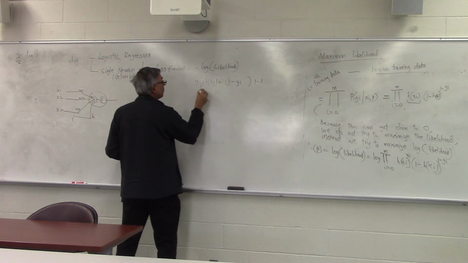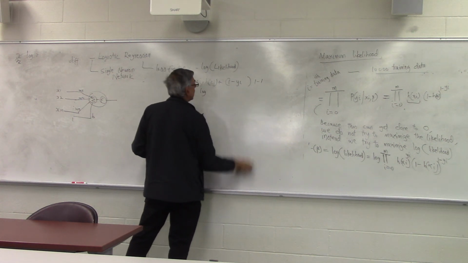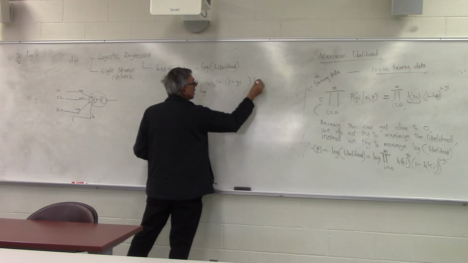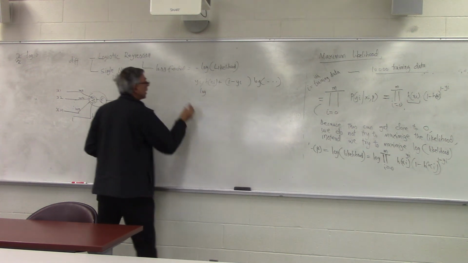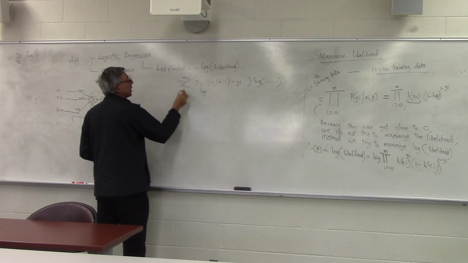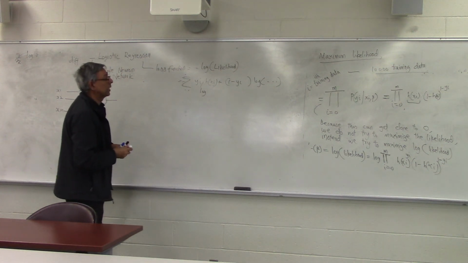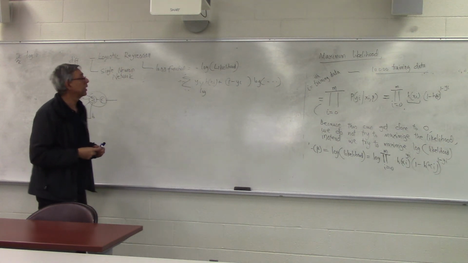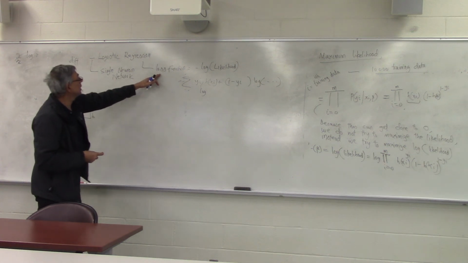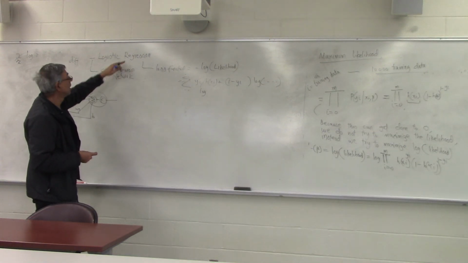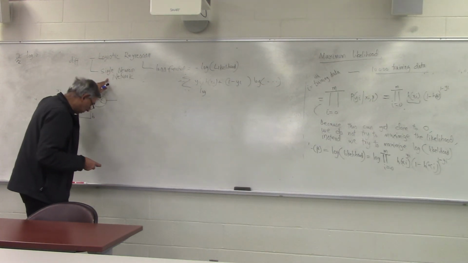There was a log over here. Anyway, whatever that was, there was a log over here, right? And then we put a minus sign to convert it into a minimization function, right? So the loss function is different in logistic regression compared to a normal network.